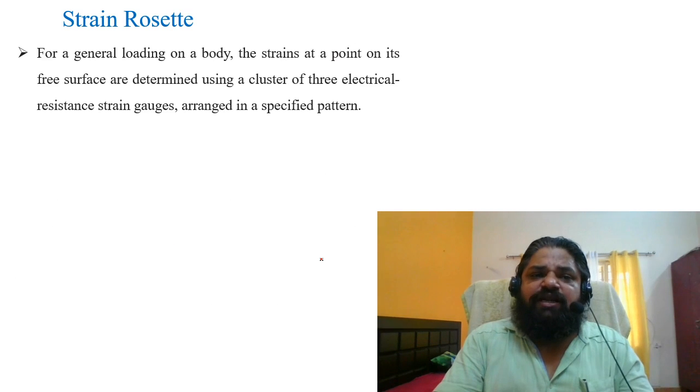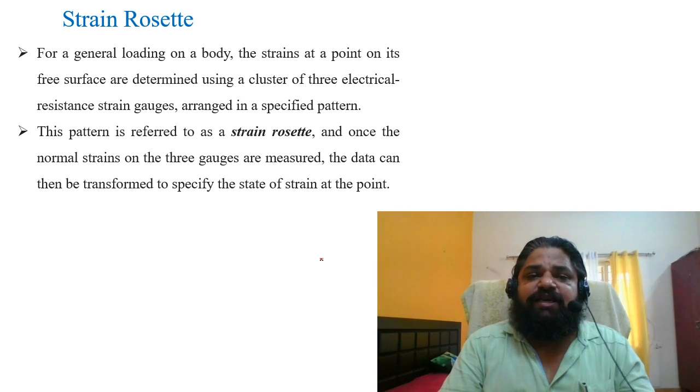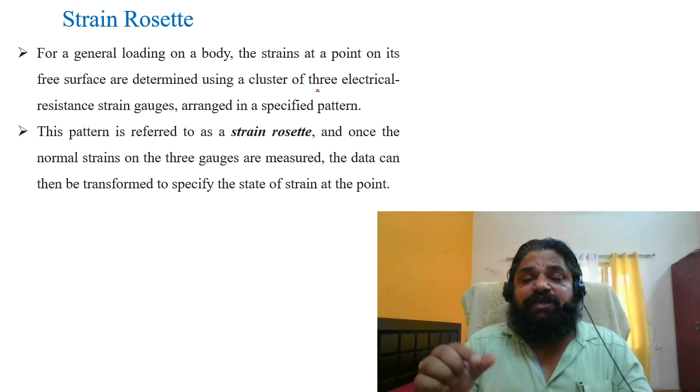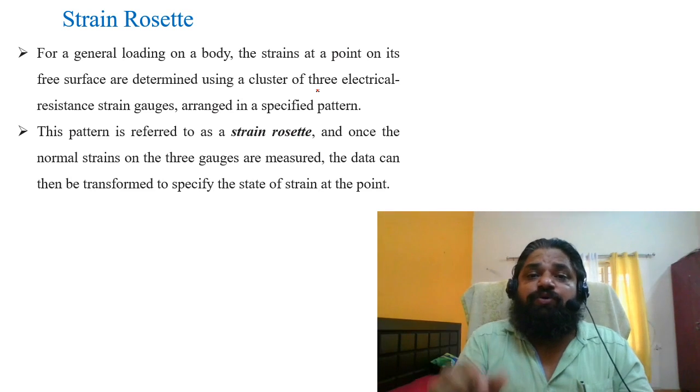Now, what is a strain rosette? For a general loading on a body, as I just said, the strains at a point on its free surface are determined using a cluster of 3 electrical resistance strain gauges. Minimum 3 strain gauges we need to make a strain rosette.